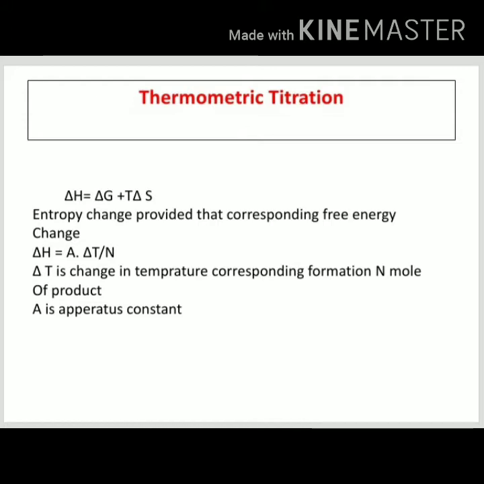When N moles of product are formed, A plus B gives C, the temperature change is del T, and A is the apparatus constant. So del H is equal to A into del T divided by N, where A is the effective heat capacity of the titration cell plus reaction mixture, in kilocalories.